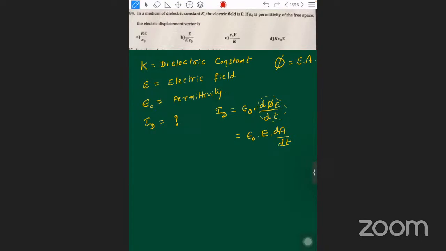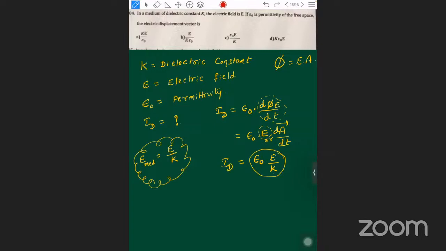Now, if you introduce the dielectric constant K, then in air the field is E, but in other media the electric field intensity will be E divided by K. So the electric field in the given medium is the field in air divided by K. Remember this, you have studied it in the first chapter of 12th physics. So it should be epsilon naught times E divided by K.